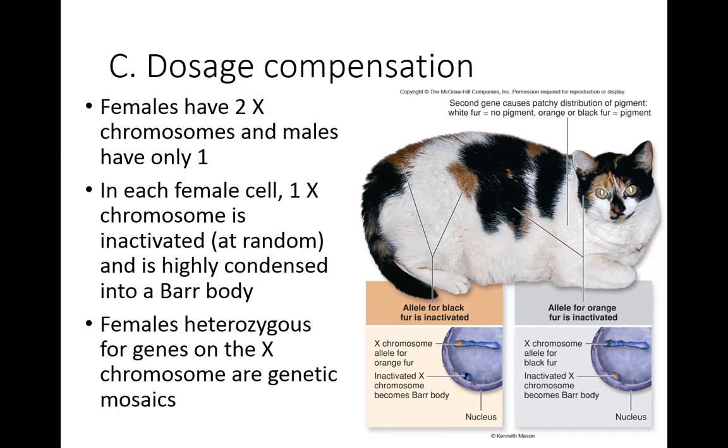The different colors are because of these inactivated X chromosomes, which are called Barr bodies. So all females are basically genetic mosaics, meaning they have different genes turned on in different parts of their body, depending on which X chromosome was made into a Barr body.